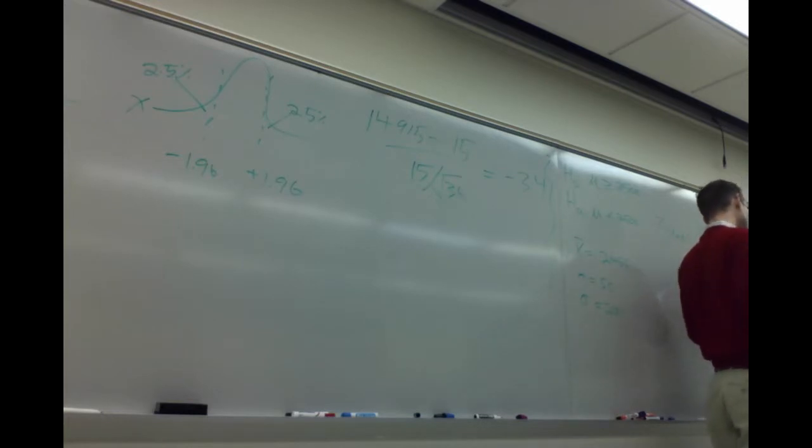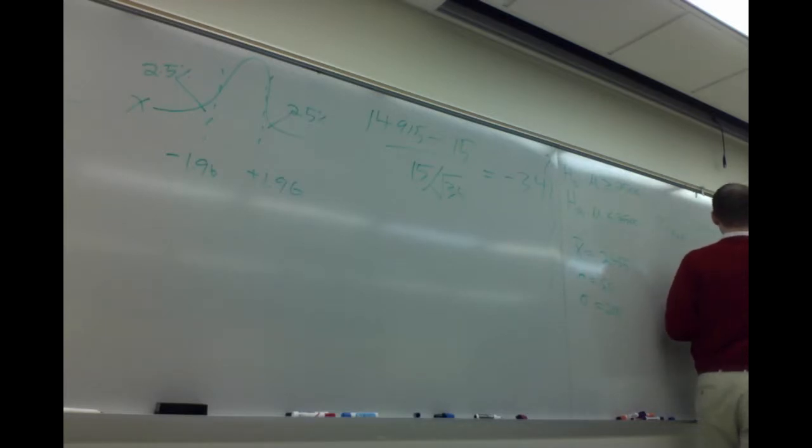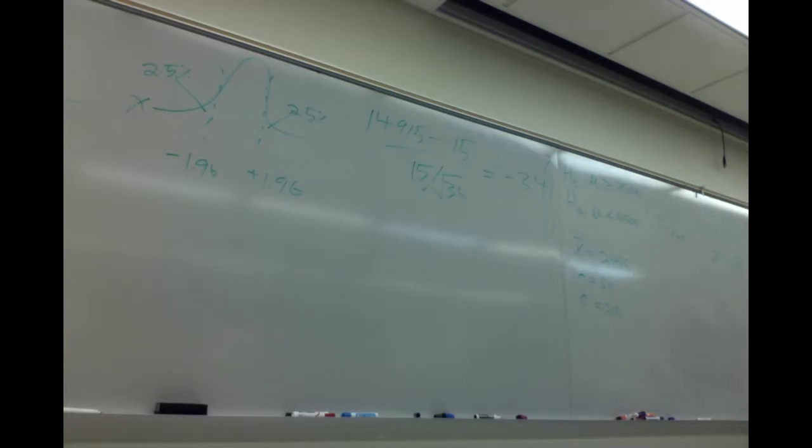How many standard errors is that below the mean? Well, what's our standard error figure? It is our population standard deviation divided by the square root of our sample size, 50. Okay? Is that good?